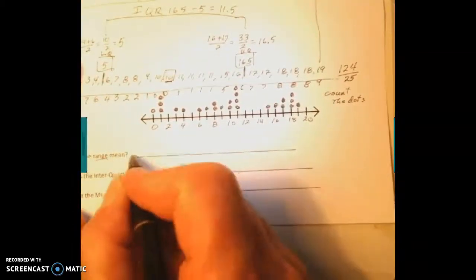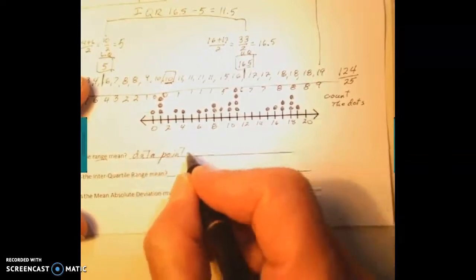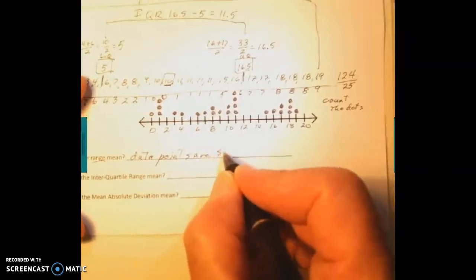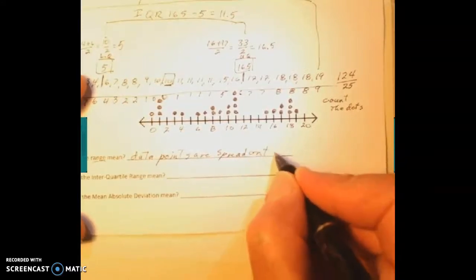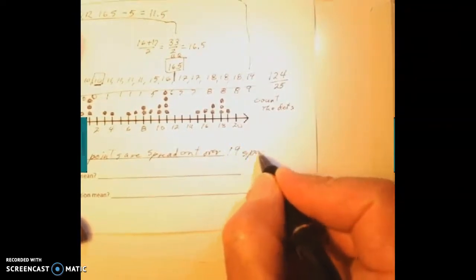Okay, just a few minutes left to get all three of these. The range is how far your data points are spread out. Refer back to this number. So the range here tells you the data points are spread out over, again, the range was 19 over 19 spaces.